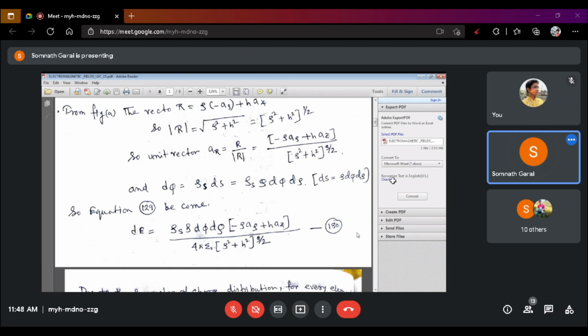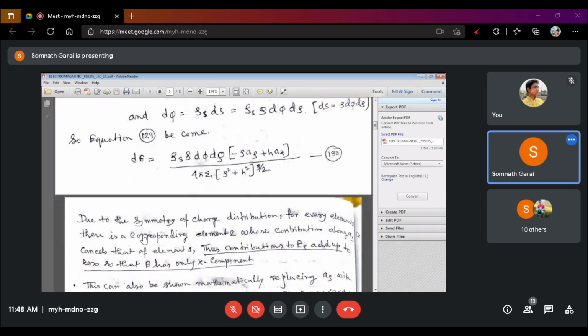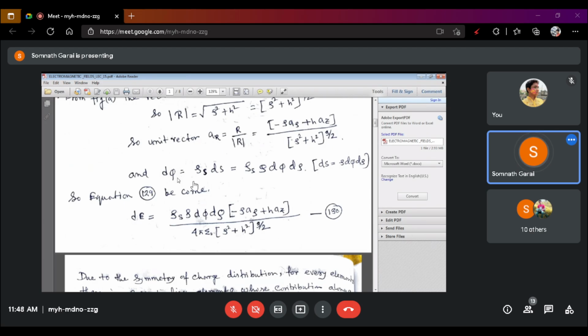Sir, can you reread the equation of dq? dq is equal to rho s into ds. dq is the differential charge. So the differential charge is expressed by the differential area multiplied by the charge density.